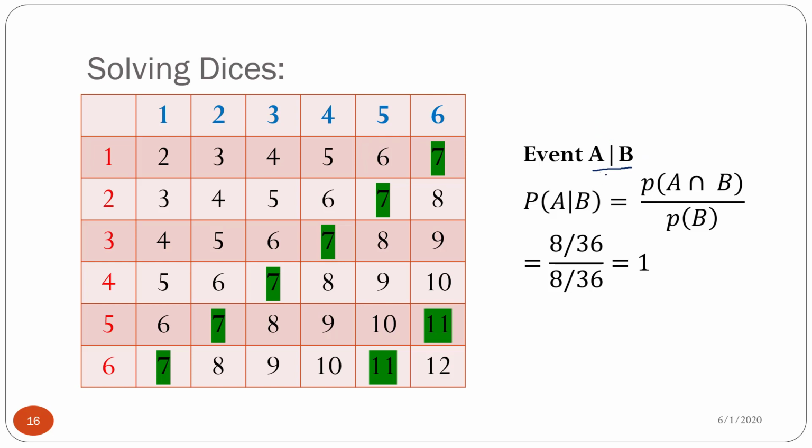And when B has happened, what does that mean? We already know that one of these 8 events has happened. And when can we get the sum as 7 or 11? The sum is odd.